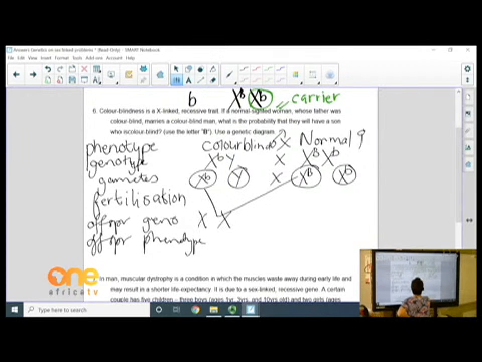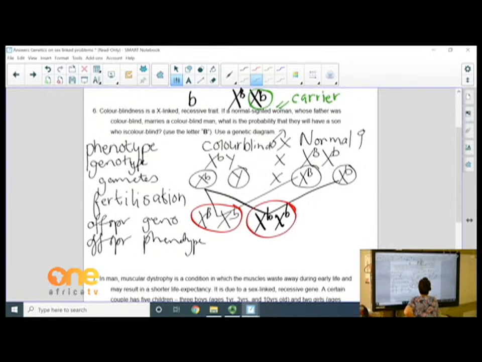X and X, B and B. Immediately, I am trying to tell myself that is a female. Be careful. Then the next one is X, B, X, B, and that is again a female.